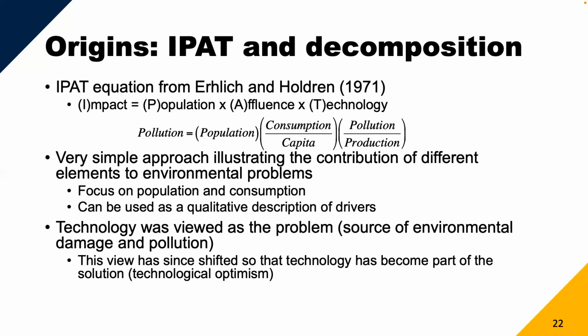Yeah, that's the idea here, that to decrease pollution, you need to affect this measure of affluence, and the way that you would do that is to decrease the relative amount of consumption.